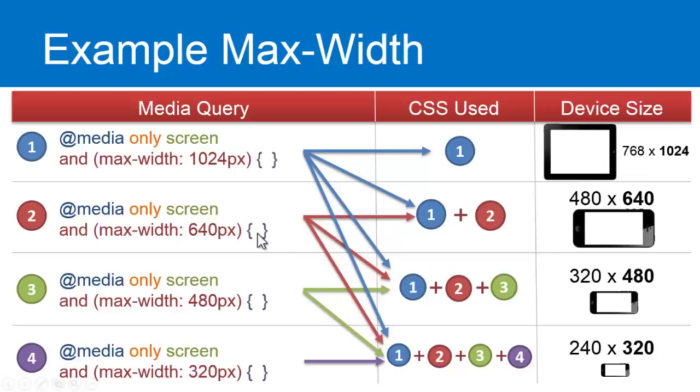As soon as you hit the max width of 640 pixels, something like a phone in landscape mode, it would read the max width of these properties, but then you have to override it with the properties in here. As it starts cascading down, you'll see that when you get down to the very small screens, you have to override every single one of these components to get your screen to view.